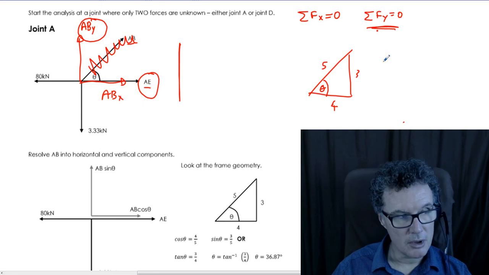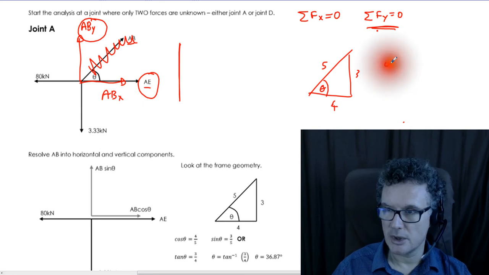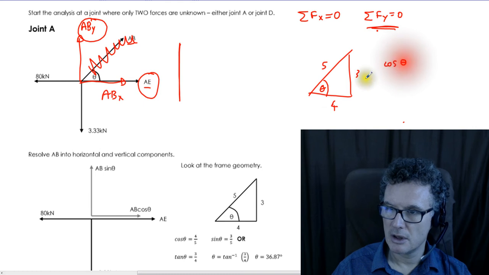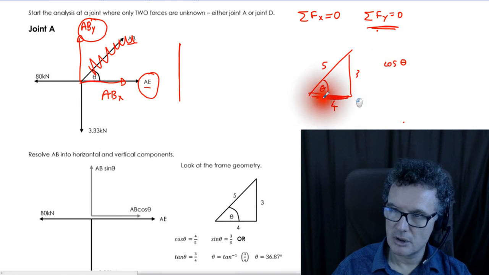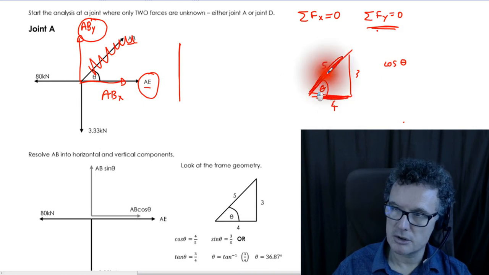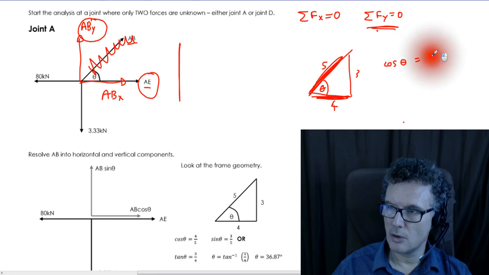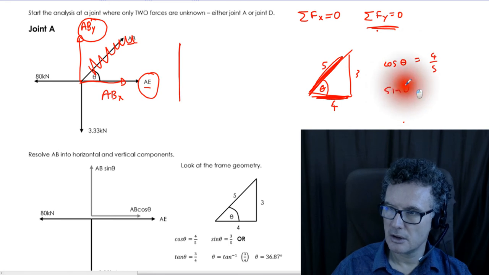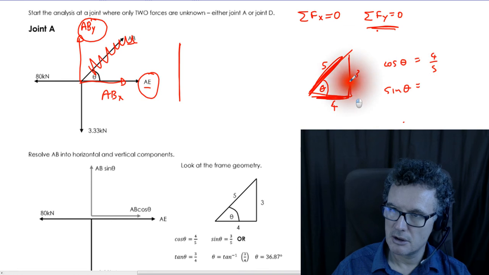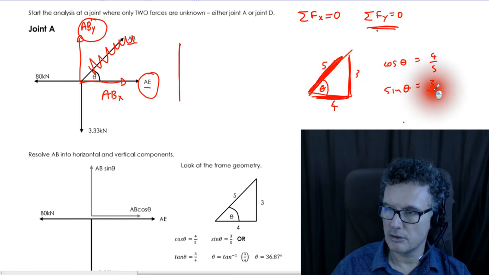So here we can say that cos theta is the adjacent divided by the hypotenuse, so that's going to be 4 divided by 5. And sine theta is going to be the opposite divided by the hypotenuse, so that will be 3 over 5.